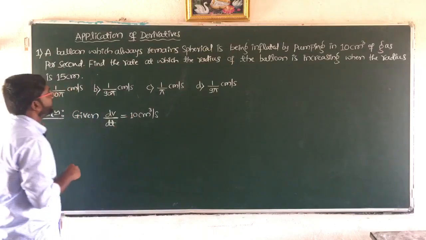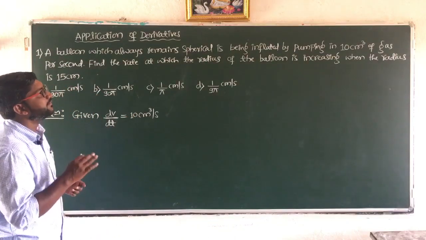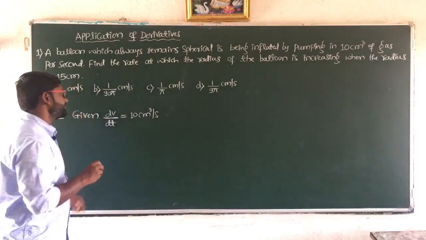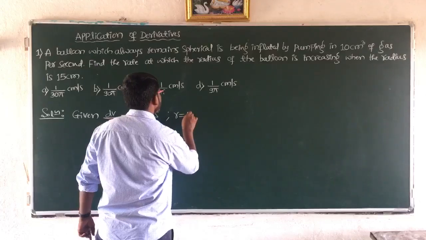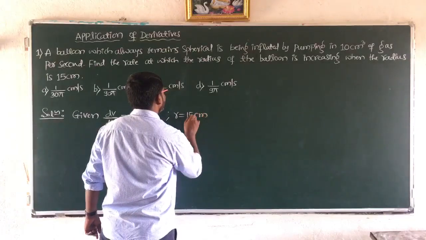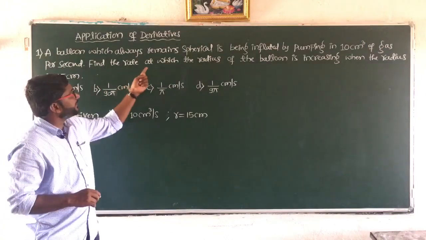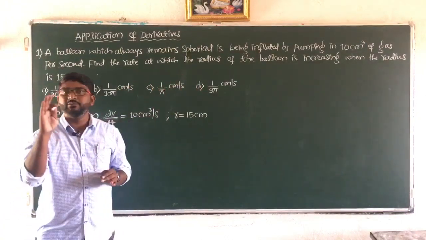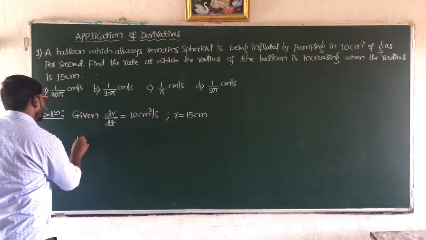We have to find the rate at which the radius of the balloon is increasing when the radius is 15 centimeter. So we have to find dr by dt.